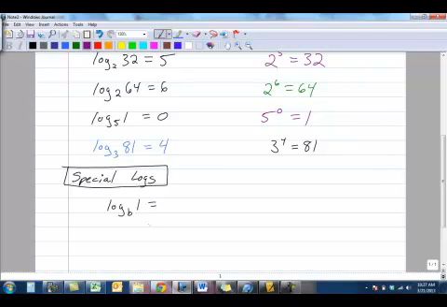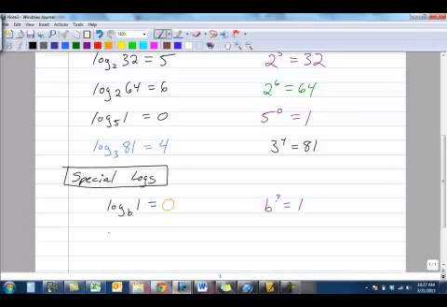If we were to rewrite this, this would be b to the what power equals 1. So b to the what power is equal to 1? Well, log base b of 1 is equal to 0. Think about it. b to the 0 power is indeed 1, right?